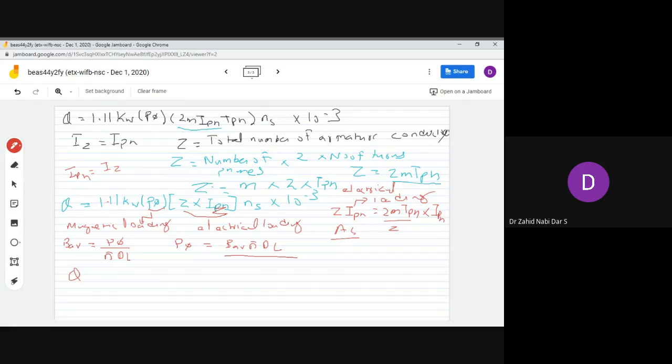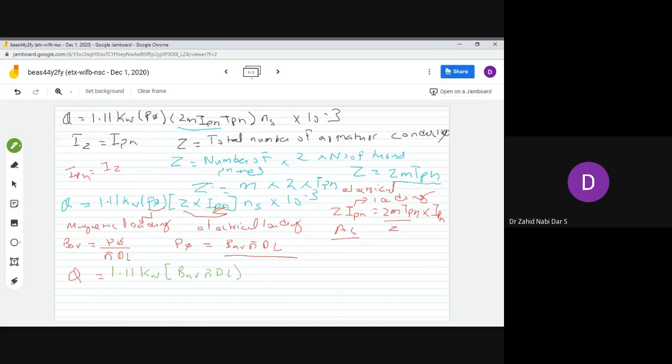Once I'm writing this, my equation changes, and now my Q becomes 1.11 kW. Instead of P phase, I have BAV pi dl. This Z into I phase will remain as it is, or I can also write Z into I phase in terms of ampere conductors.